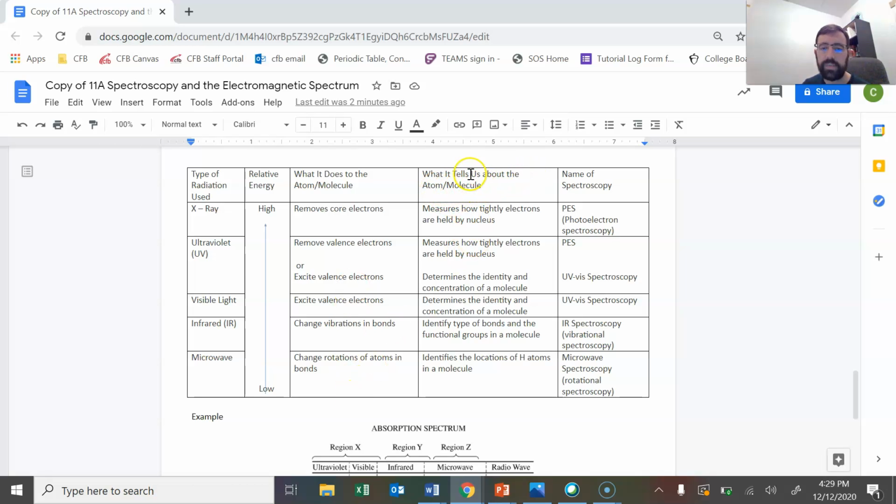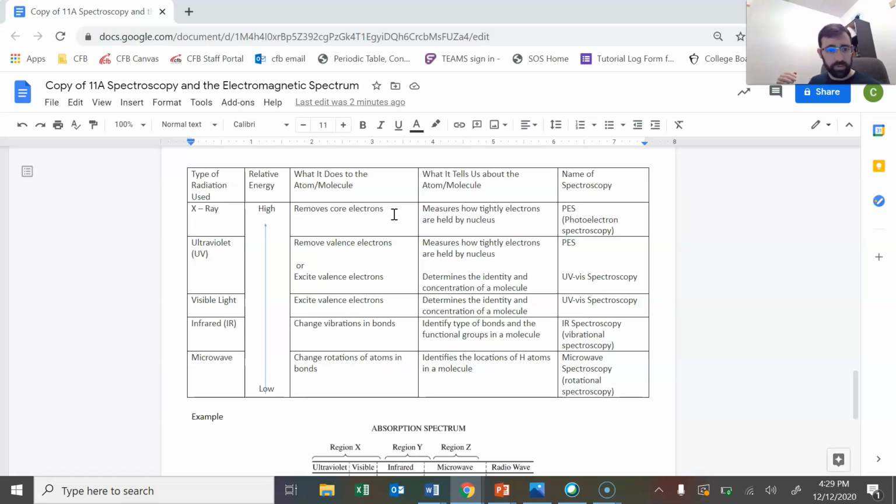What it tells us about the atom or molecule, and then the name of the type of spectroscopy that is used there. Okay, let's start with X-ray, if we're using X-rays. This is so powerful it can remove the core electrons. Remember, the core electrons are the hardest to take away because they're the closest to the nucleus and there's a lot of other electrons in the way.